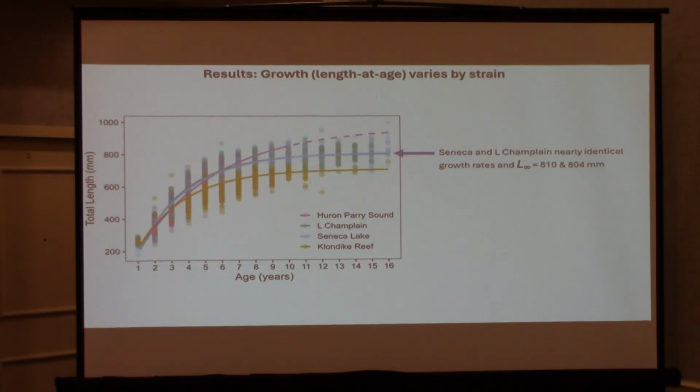The lines overlap almost right on top of each other for those. Klondikes were notably lower, about 100 millimeters lower maximum length. And here Parry Sound appears to grow fast, but this is kind of skewed because we don't have data more recently. Like I said, the first year class stocked was 2015, so we only have data up to about age 10, the most recent data.